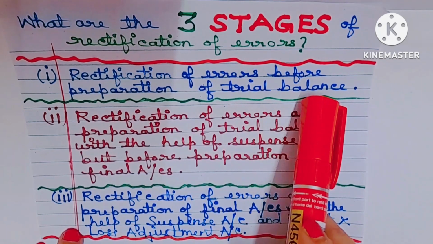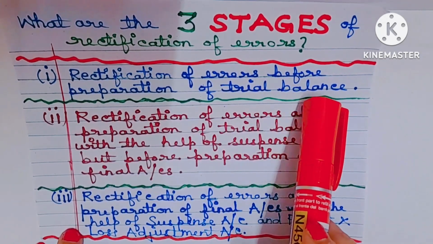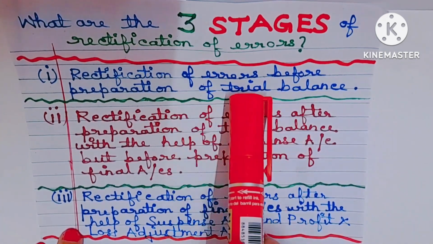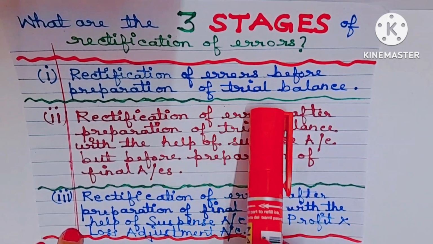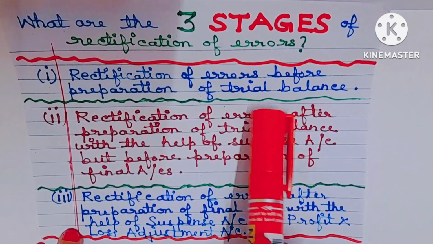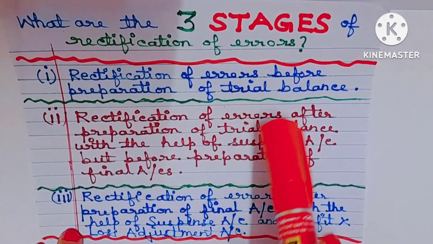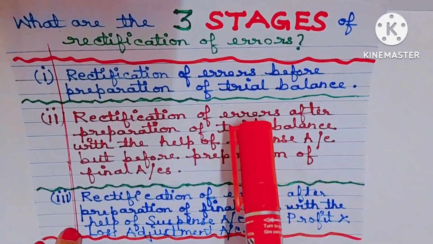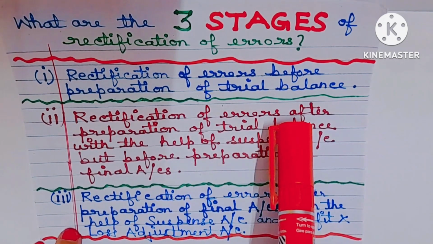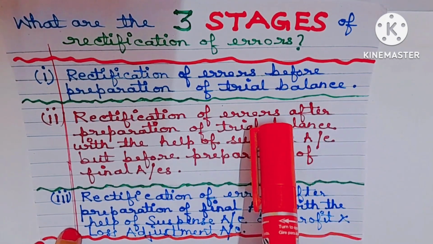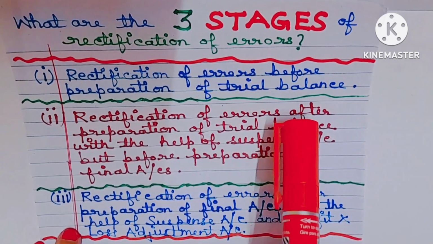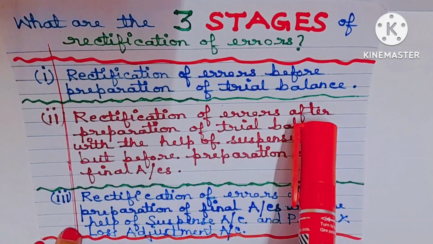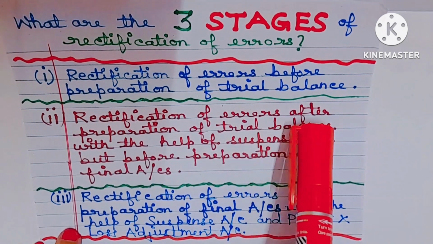That is the reason to rectify one-sided error, journal entry cannot be passed in case of rectification of errors before preparation of trial balance. Only the relevant ledgers or accounts are either debited or credited with the amount. Understood? In case of rectification of two-sided errors, before preparation of trial balance, that is stage 1, to rectify two-sided errors, suitable journal entry is passed.